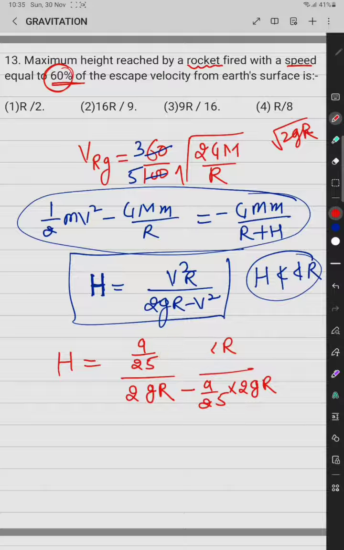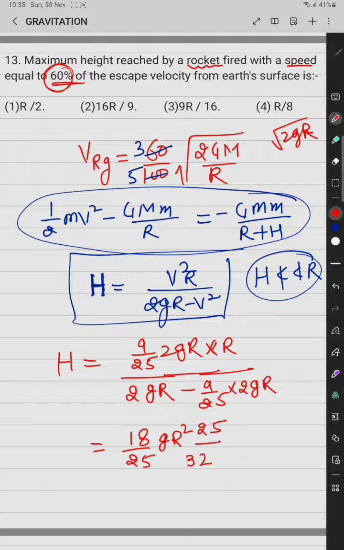So if I write it in this form, it is twice of gr, then it is 18 by 25 gr square, and this is 50 minus 18, which is 32, so it is 32 by 25, multiplied by gr.